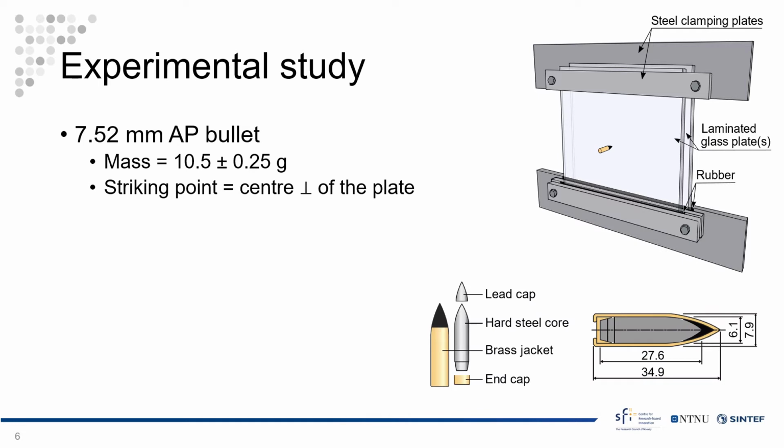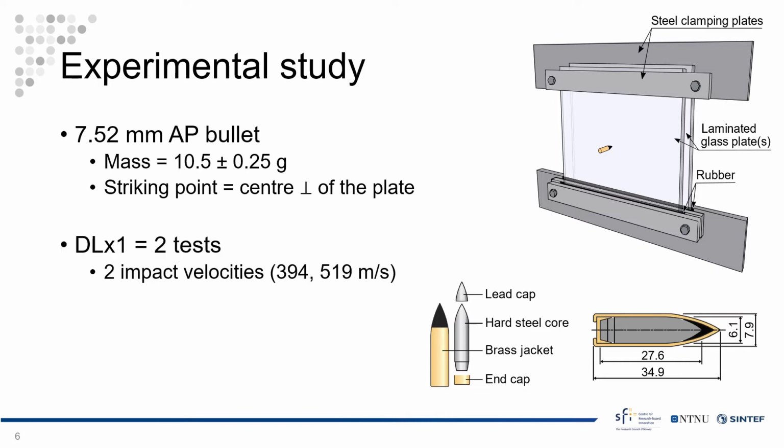The bullet that we used was a 7.62 millimeter armor-piercing bullet, and it typically has a mass of 10.5 grams. It consists of a hard steel core, a lead cap, a brass jacket and an end cap. The striking point of the bullet was at the center of the plate and perpendicular to the plate.